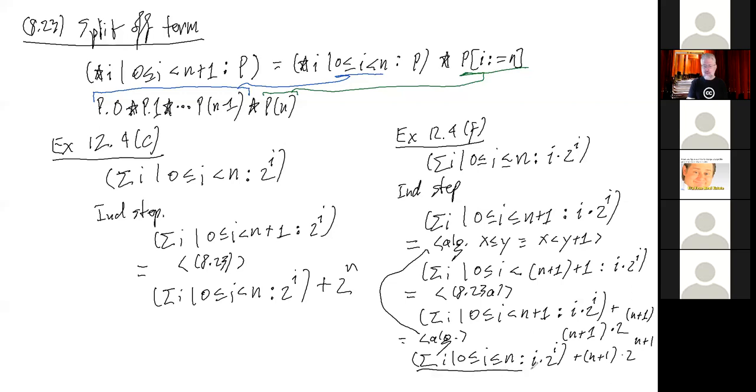And now this matches our induction hypothesis, and we can replace that with the right-hand side, and hopefully then do a bunch of algebra to simplify.